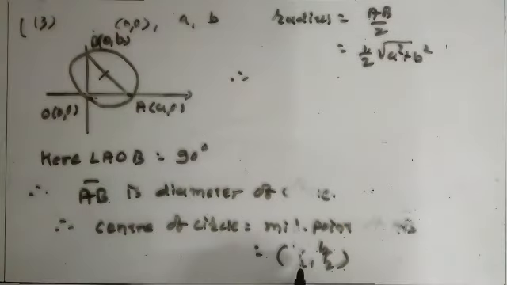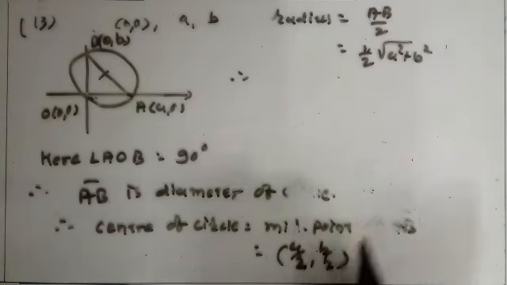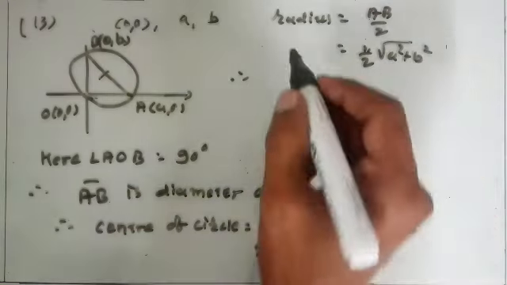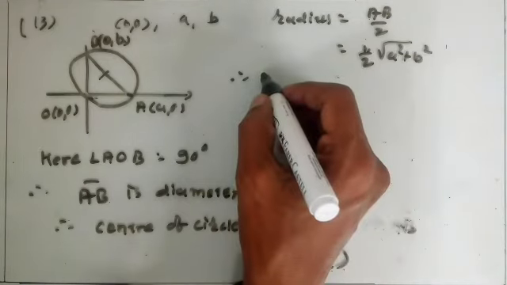Therefore, using the center (a by 2, b by 2) and the radius, we get the equation of the circle.